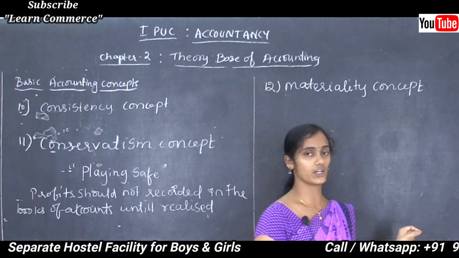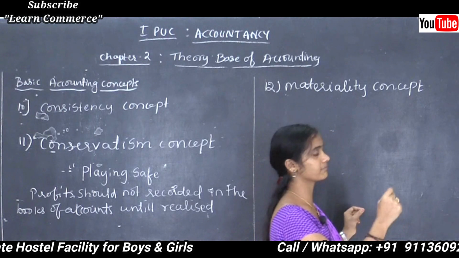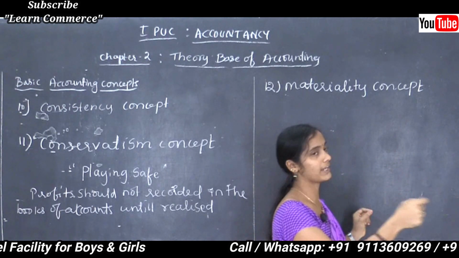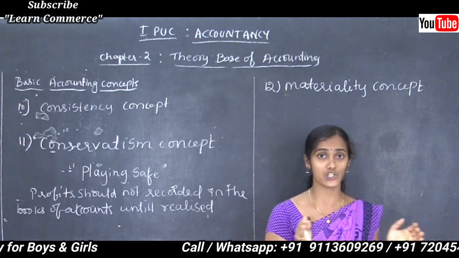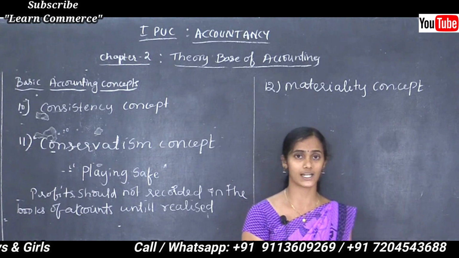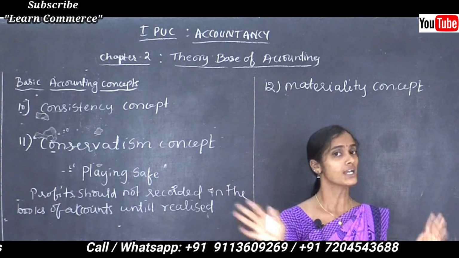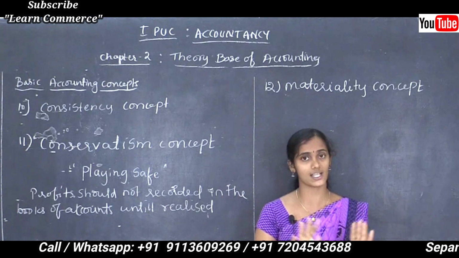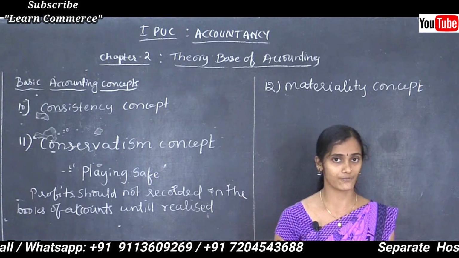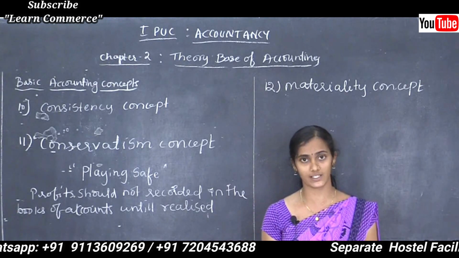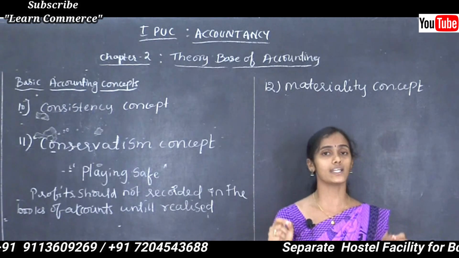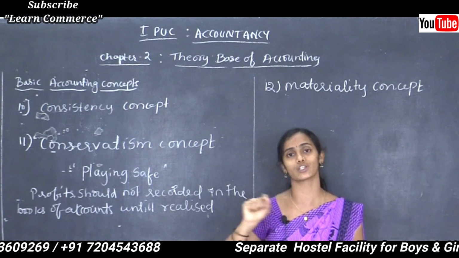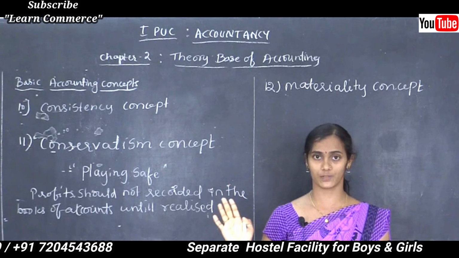We should not record in the books of accounts, on the asset side, 12 pencils, 12 pens. These stationery items are considered an expense for the organization. They are not considered an asset. These are all expenses. So we can record these transactions as total stationery expenses, this much.